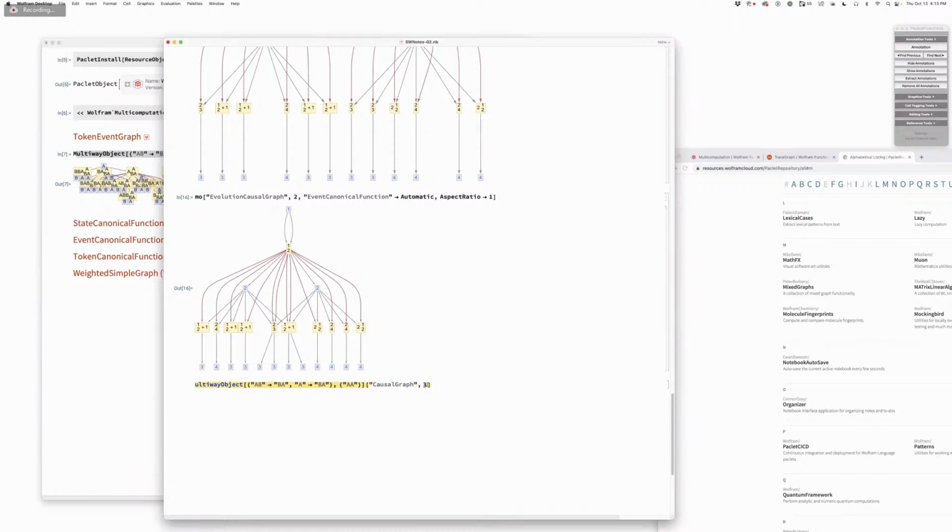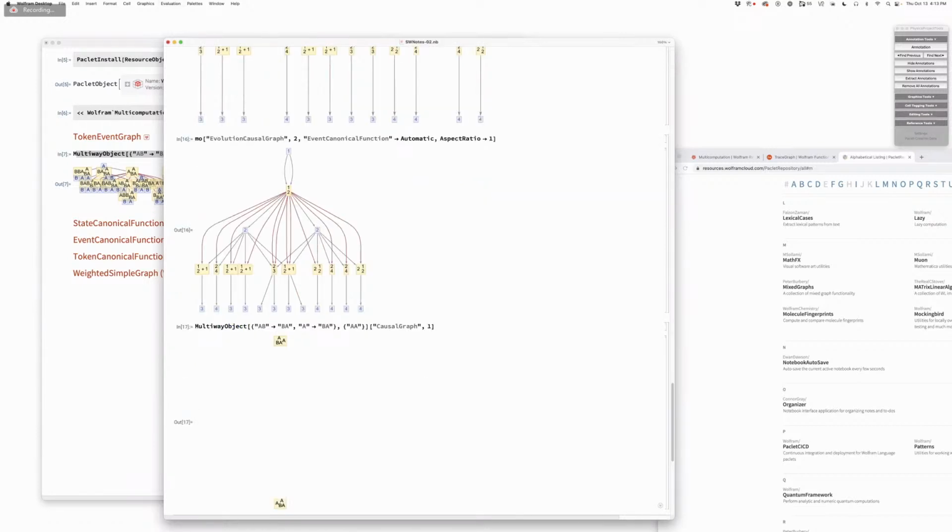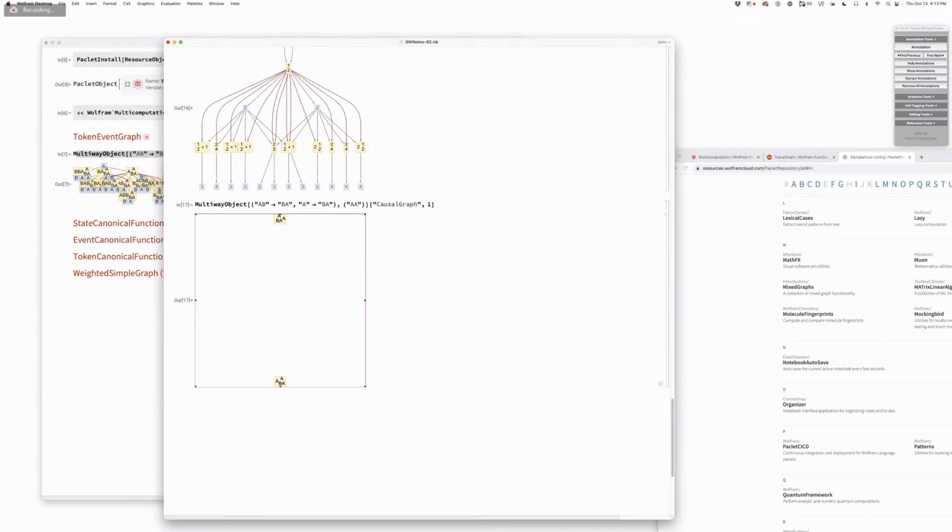We're missing an M there in the beginning. Multiway object. What the heck is that? Now there are 2 events. They're not causally connected to each other. You can include an initial event. Maybe it will be clear. Include initial event goes to true.